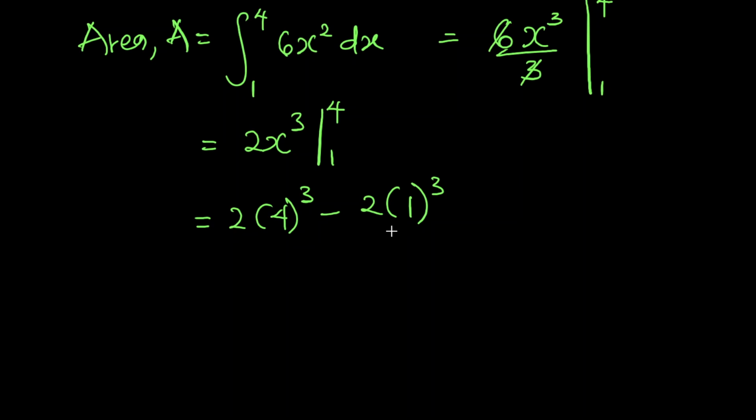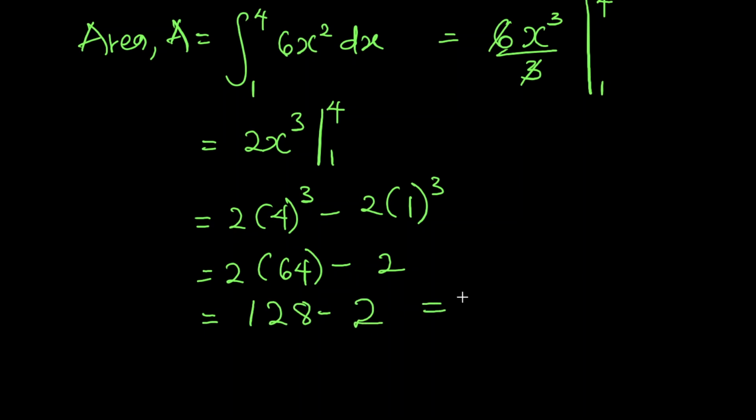So this becomes 2 into 64 minus 2. And 2 times 64 is 128. So that yields 128 minus 2, which becomes 126 square units.